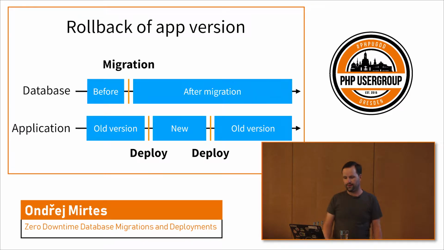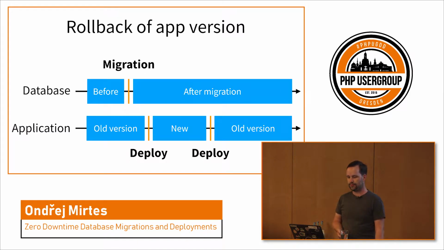So with this approach, it's very safe, and if there's a bug in the new version of the application, you can roll back again to the old version and it will still work because the new state of the database is still compatible.